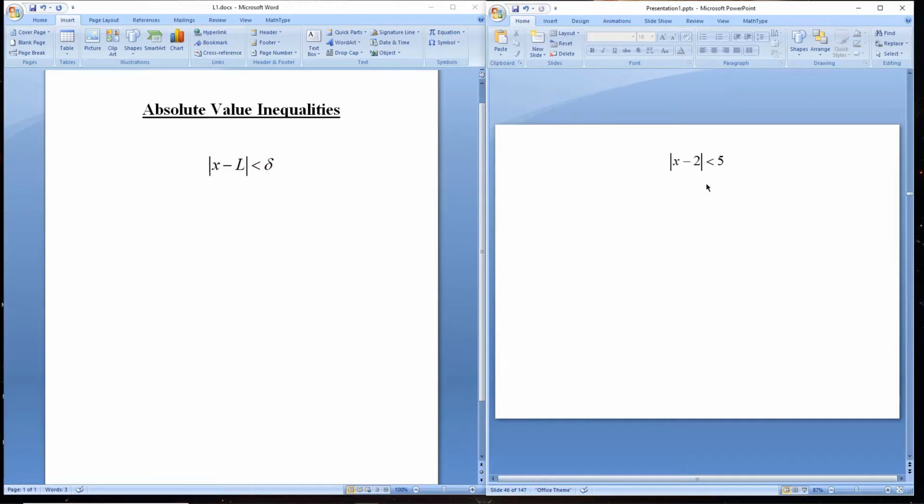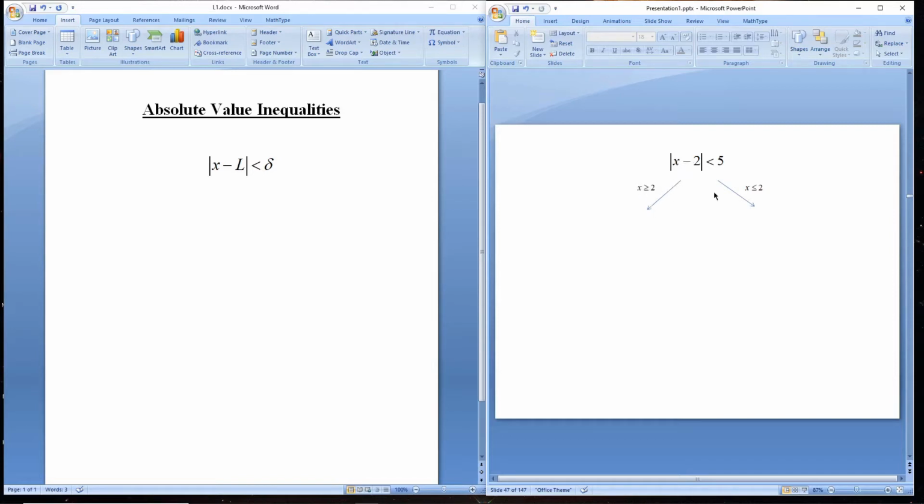And the first thing I want to talk about is how to get rid of the absolute value. And how you can do that is recognize when it's positive and when it's negative. So for instance, if we look at this expression x minus 2, we know this expression will always be positive when x is greater than 2.